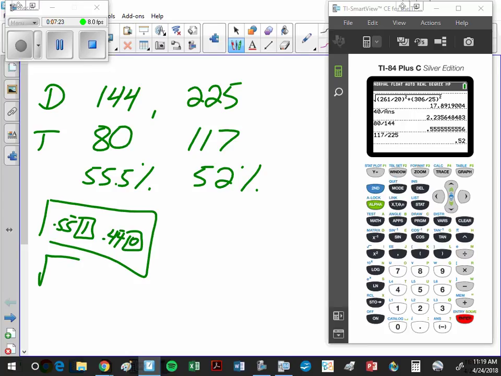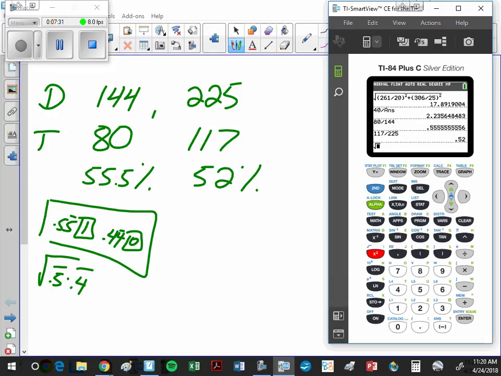The square root of 0.5 repeating times 0.4 repeating. So the square root of, and I would just put a whole bunch of 5s and a whole bunch of 4s. And both of those are so close to 1/2 that the answer is going to be 0.499 or something similar to that, 0.498.